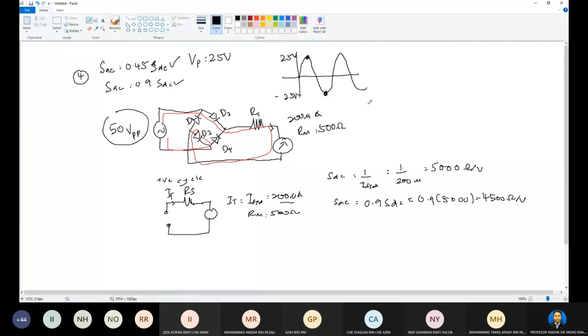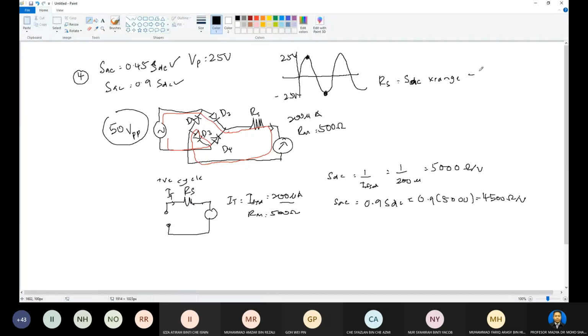Right, so next we have to calculate the RS. We can use the formula: sensitivity for AC multiplied by range, minus RM.